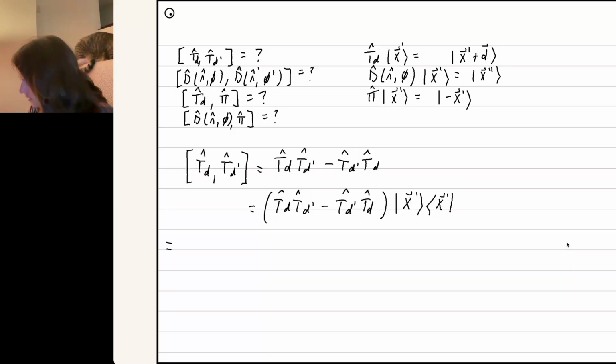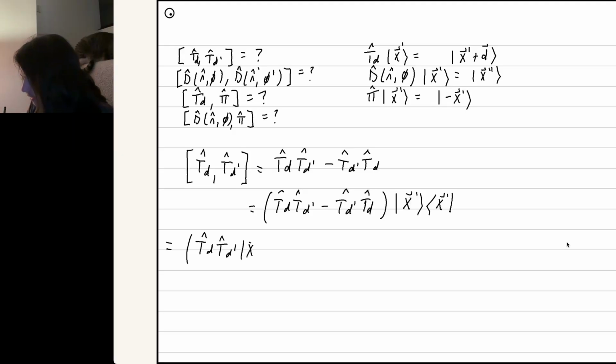So moving in the ket x prime, we'll have TD prime x prime minus TD prime TD x prime, and then the bra on the outside there.